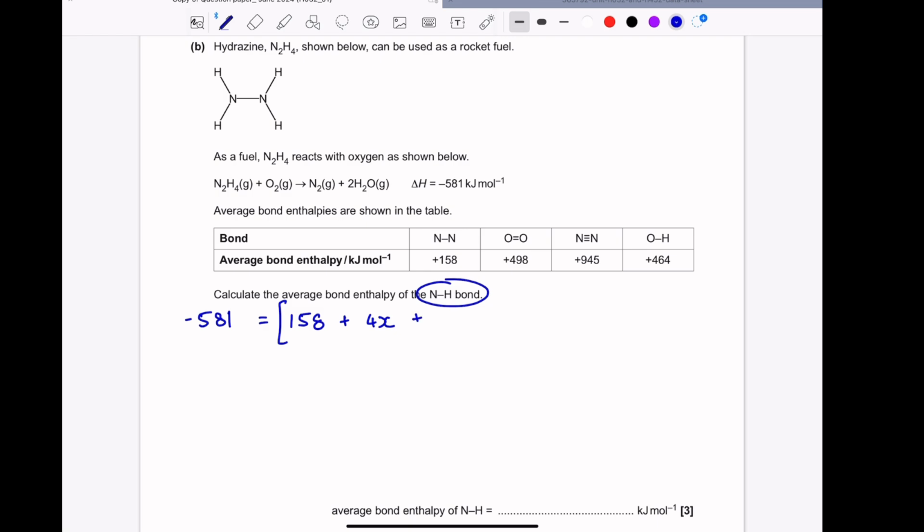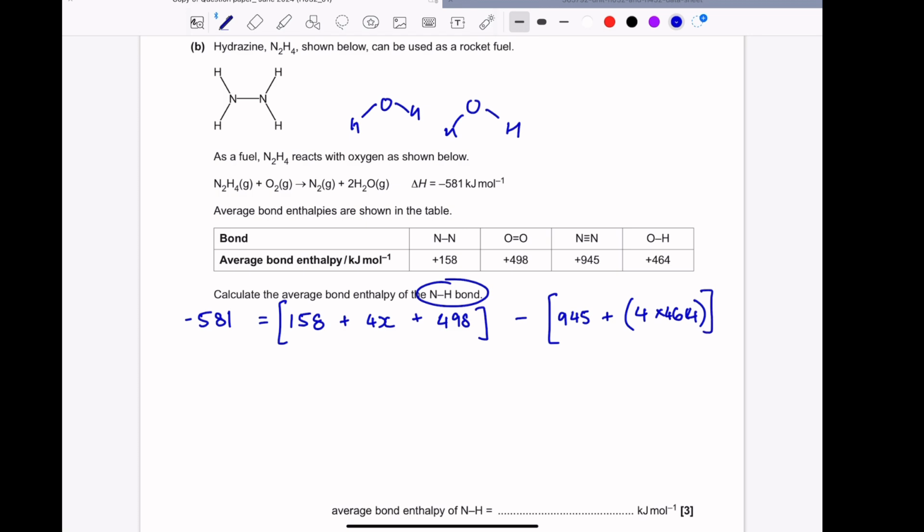We've got 1 molecule of oxygen, 1 double bond, so that's 498. Subtracted by the bonds made, so we've got N2, which is 945, plus water. Now you've got 2 molecules of water, so that's a total of 4 OH bonds that are being made. So that becomes 4 times 464.